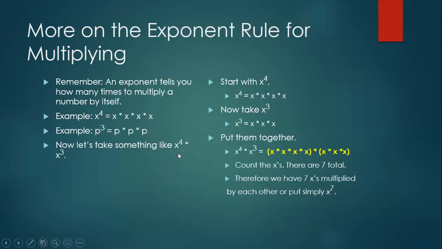So now let's take something like x to the 4 times x to the 3. We're going to start with x to the 4. X to the 4 is equal to x times x times x times x. X to the 3 is equal to x times x times x.